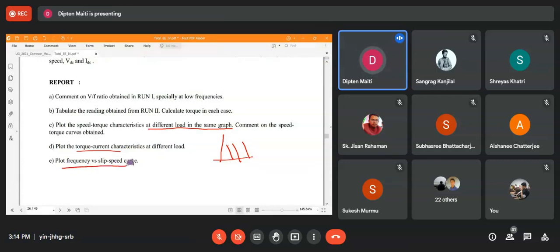Plot the frequency versus slip speed curve. For this, you already have the idea about the synchronous speed and frequency, and you calculate the slip speed. From that you get the frequency versus slip speed characteristics. At any given frequency, the slip speed should remain constant.